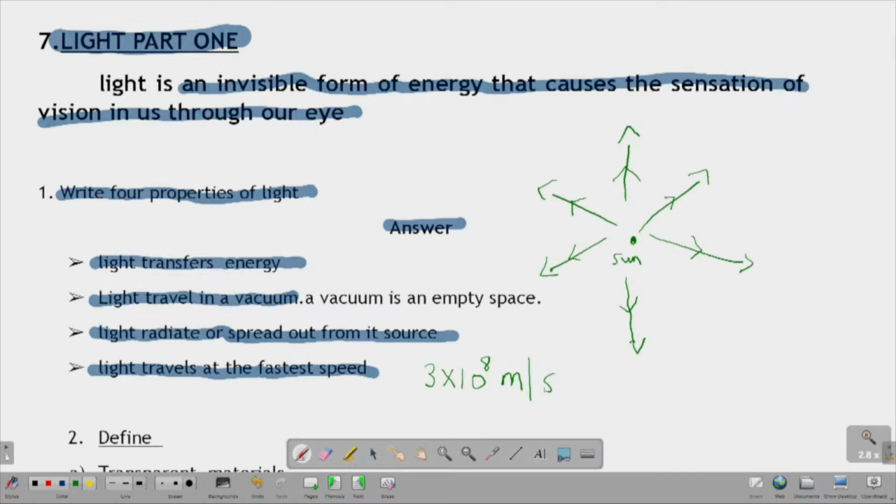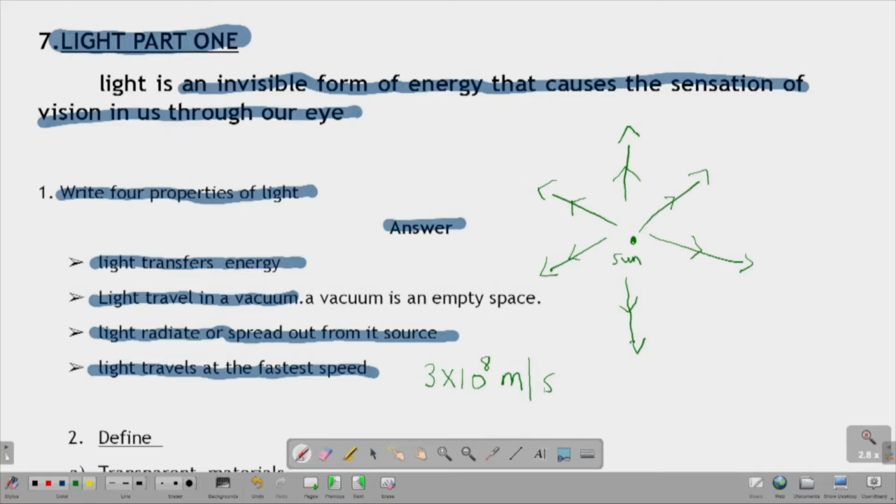This is a very huge number. So the four properties of light are: light transfers energy, light travels in a vacuum, light radiates or spreads out, and light travels at the fastest speed.